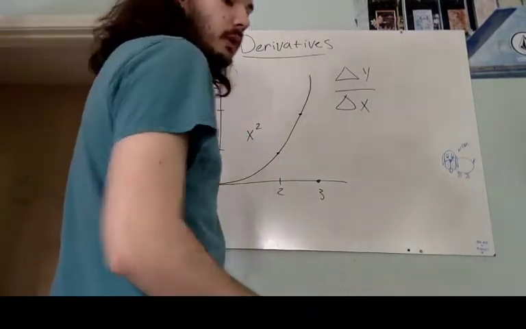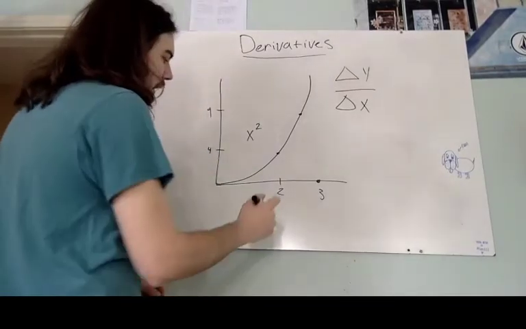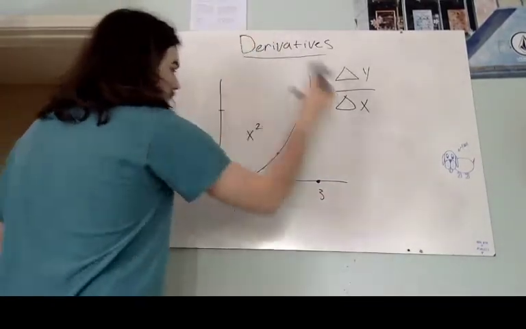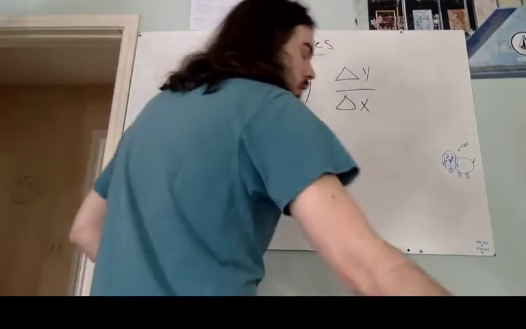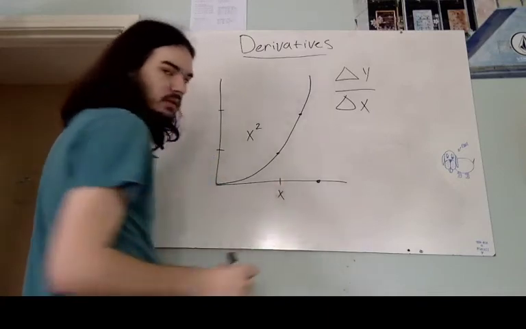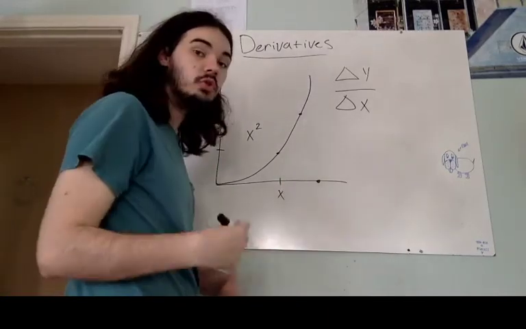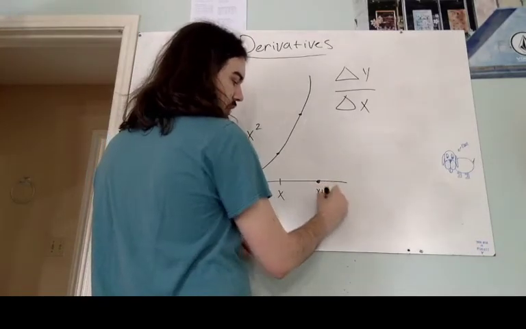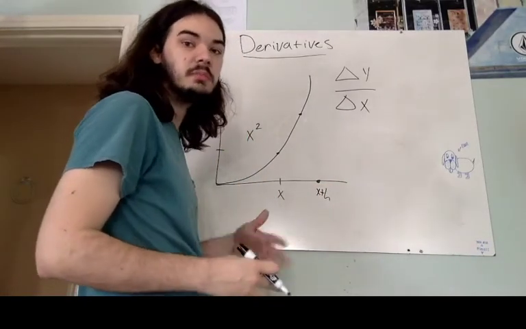So what if I do this? What if I call this point x, some point of x, and then this some new point of x, which is just x plus h. x plus some difference, right?